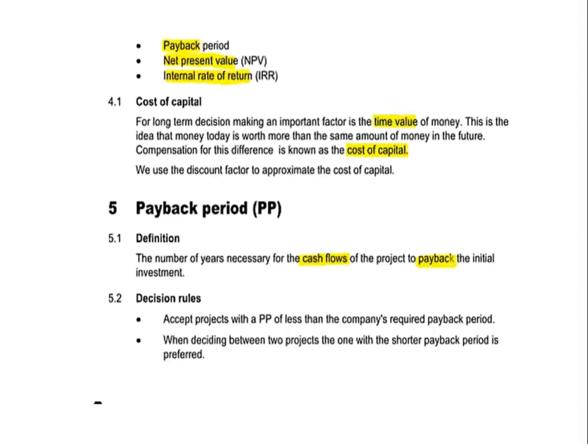And the company will accept projects if the payback period is less than the company's target. So they will have a target that all projects must pay back within X number of years, and they will accept the project if it achieves that. Shorter payback is preferred when choosing between projects because it's less risky.